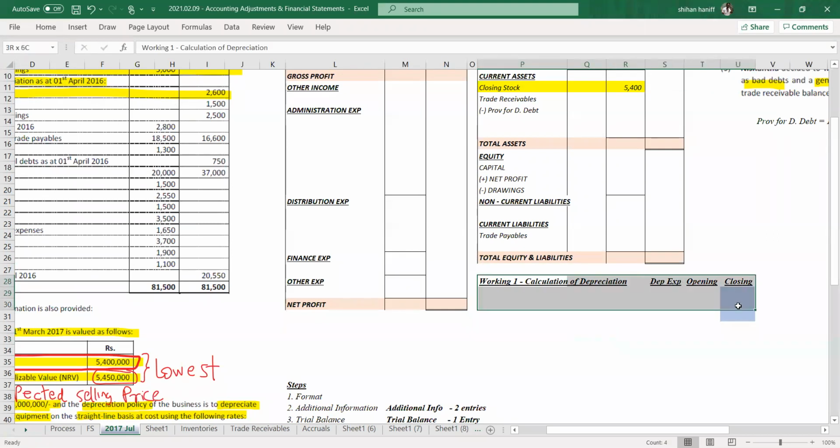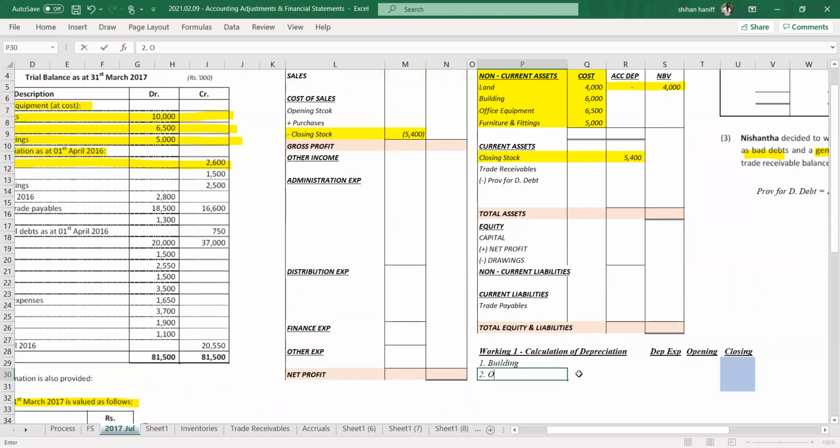Calculation of depreciation. Right. So there are 3 assets: building, office equipment, and furniture and fittings.